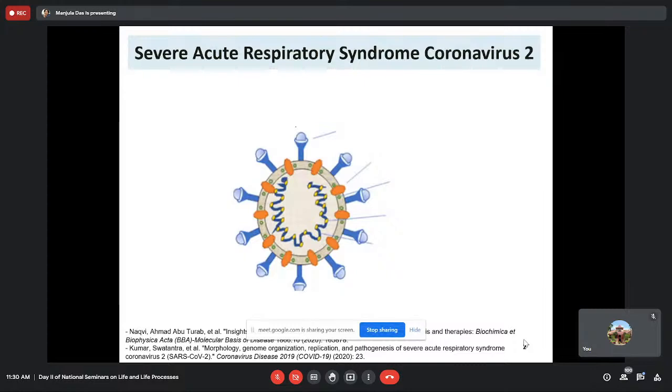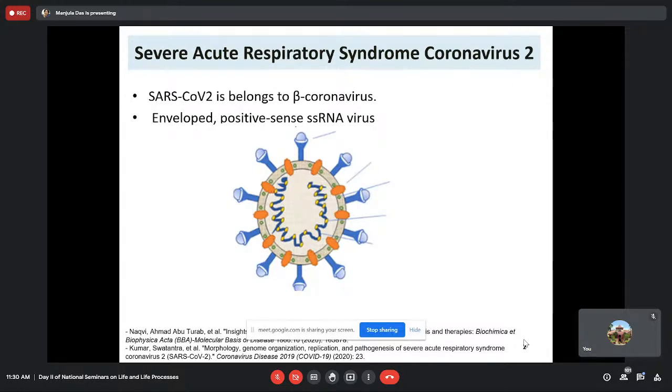Severe acute respiratory syndrome coronavirus 2, or SARS-CoV-2, is the third novel coronavirus known to us this century, and as we all know, it is the cause of the current pandemic. SARS-CoV-2 belongs to the class of beta coronavirus and has a positive-sense single-stranded RNA as its genetic material and is enveloped.